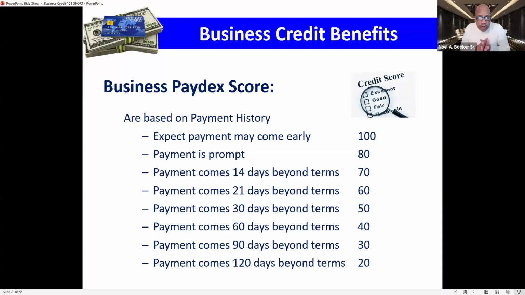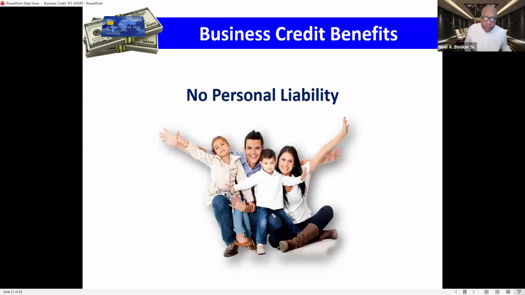If you pay your bills between the 15th day and the 30th day, then you're paying it on time. If you pay it after the 30th day on a net 30 account, then you're paying it late. Okay. And you see how the scores rate on down, right? You always want to make sure your PAYDEX score is 80 or above.